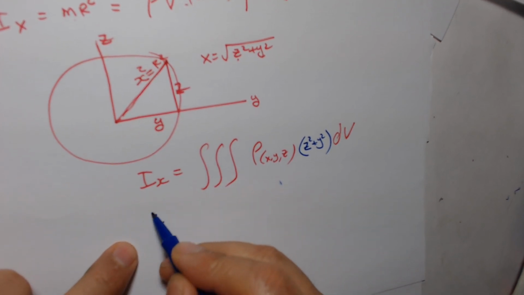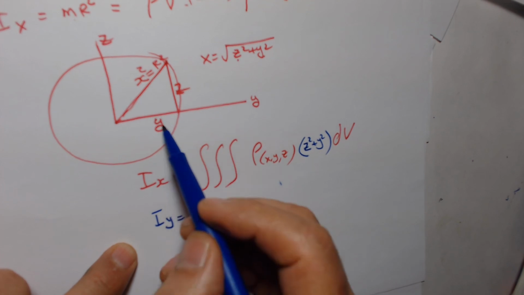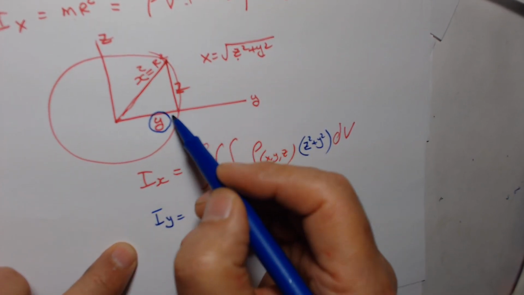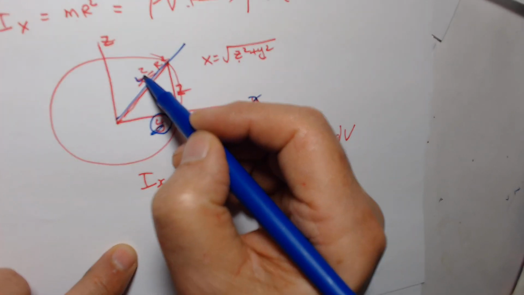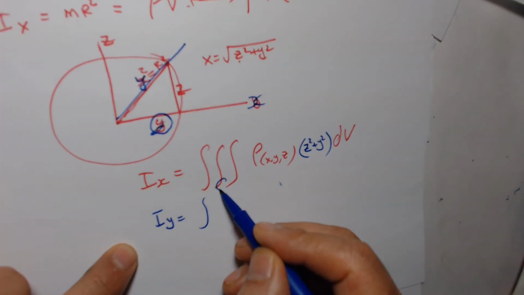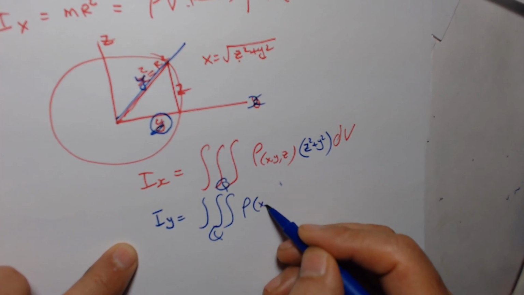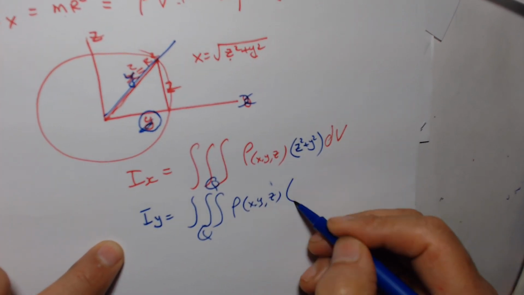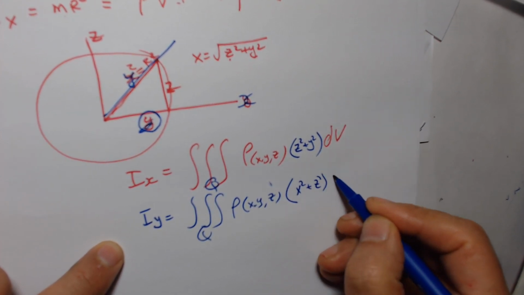But what is the I with respect to y? Same thing. You have to solve for that. This becomes x, this becomes y, this becomes your y-axis. And that becomes the volume of a solid, density, but the distance is going to become x squared plus z squared dv.